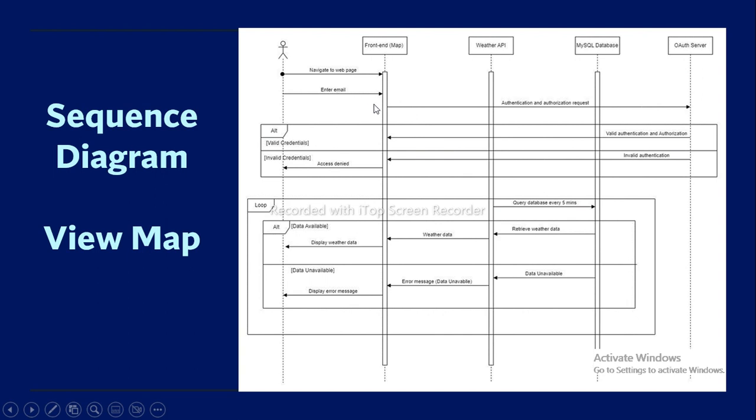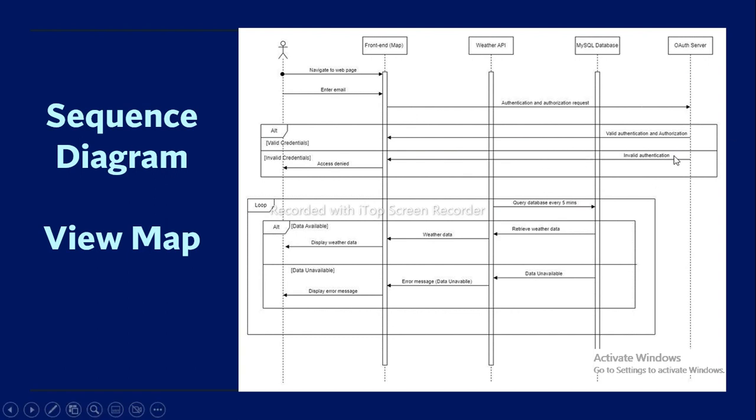basically the email. Then the map, which means the front end, will directly connect to the authorization server with an authentication and authorization request. If the credentials are valid, then the authorization server will pass the data that this user has valid credentials, so valid authentication and valid authorization.